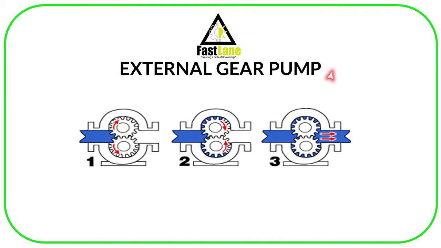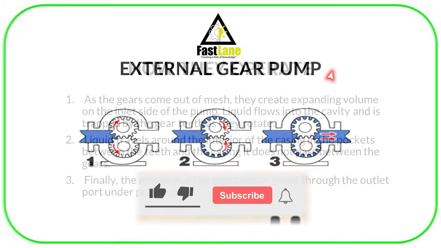The one that is coupled with a prime mover is the driver gear, and the other that is driven by the driver gear is called the driven gear. In an external gear pump, the two gears come into and out of mesh to produce the flow.